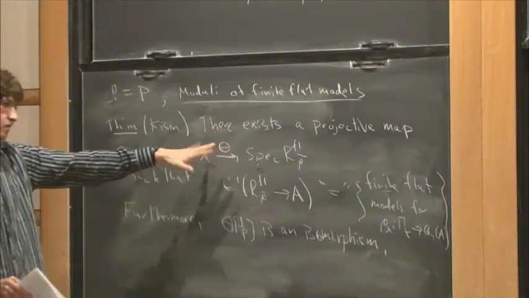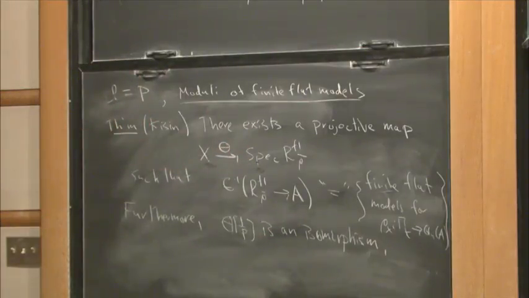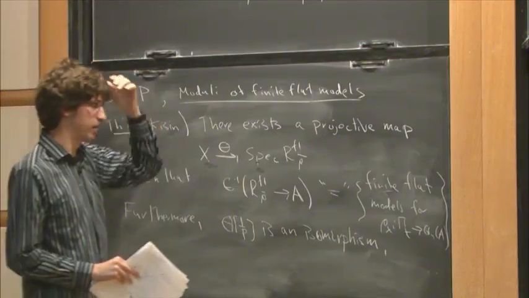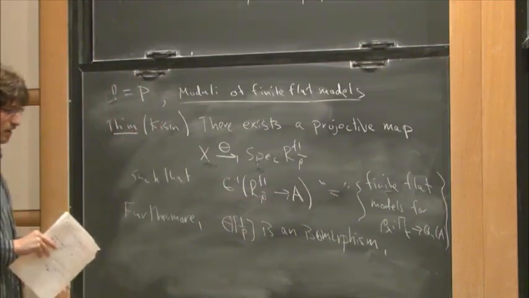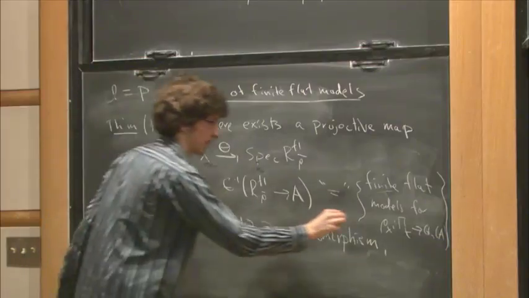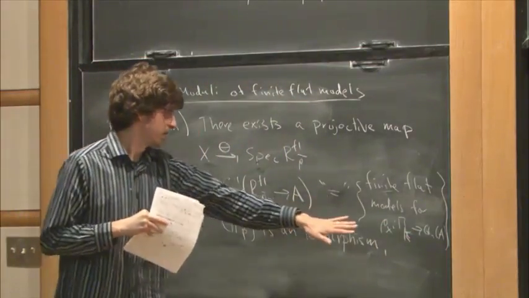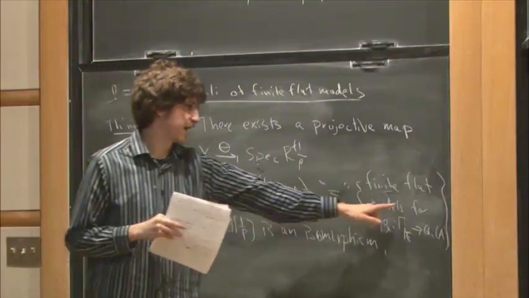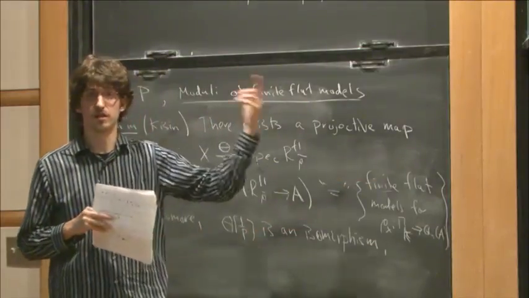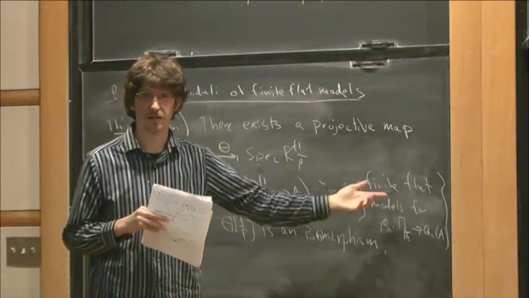And so formulating this, thinking about what a family of finite flat models ends up being, is a bit tricky. The reason I put the quotations here is that in this instance, one really does want finite flat models with an action of the coefficient ring. So the A should actually act on the group scheme.